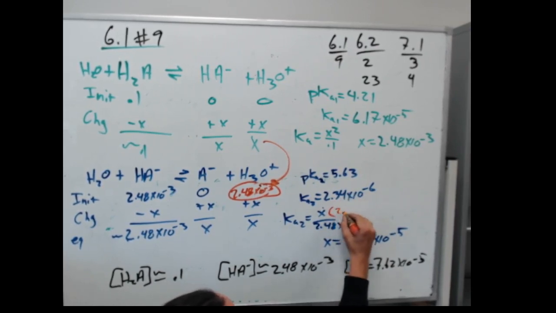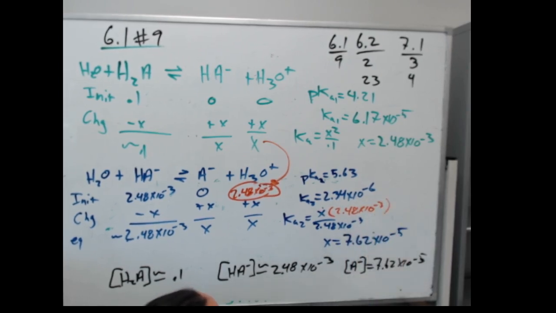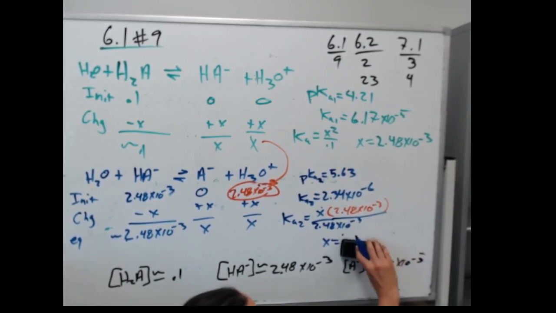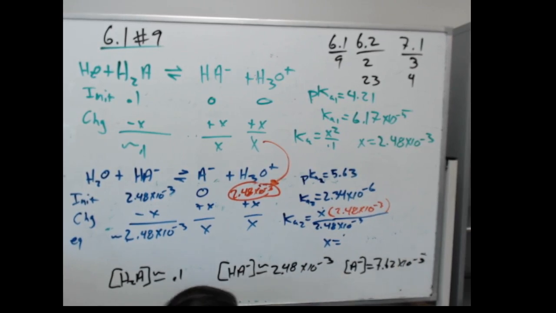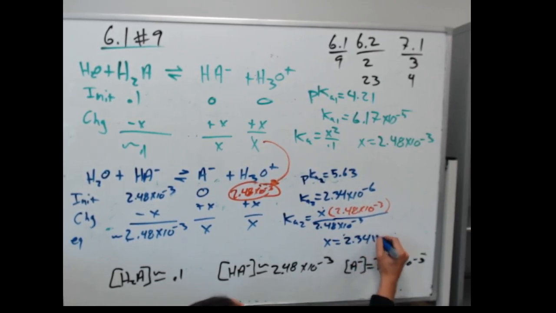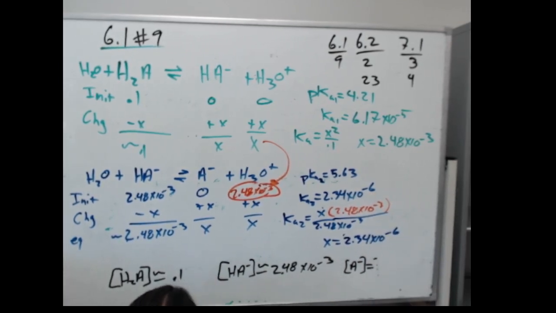This is x times 2.48 times 10 to the minus 3. Guess what x is equal to in that case? Same as, it's equal to Ka2, 2.34 times 10 to the minus 6. I'm going to put a circle around this because I fixed it.